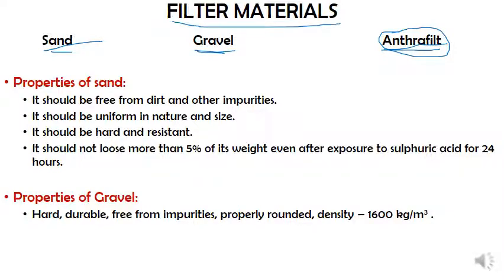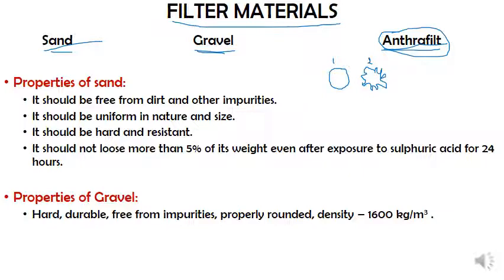Basically we want high surface area. What do we mean by high surface area? Imagine two examples. One is a simple particle, and the second is a particle of a shape something like this. If you check, the surface area of the first particle will be less and the surface area of the second particle is more.